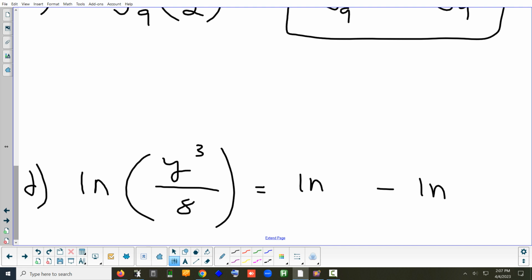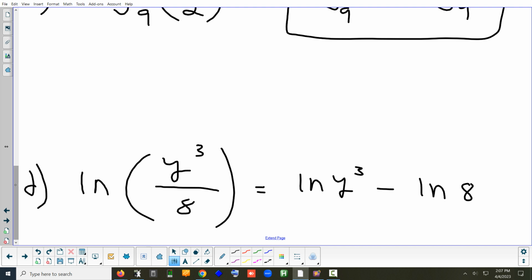Y cubed, yeah. So y cubed. And Alex, what about the argument to my second logarithm? 8. Yep, 8.